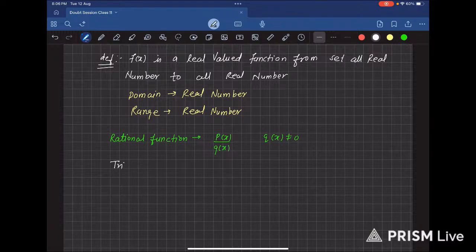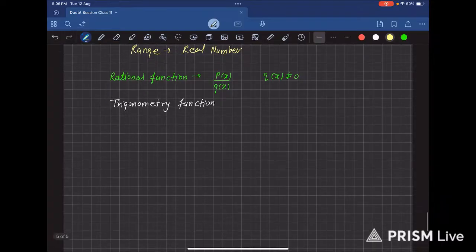Trigonometric functions. What are trigonometric functions? There are so many. The first one is sin x, second is cos x. I hope everyone knows about this also.